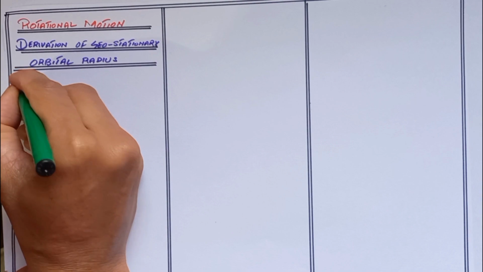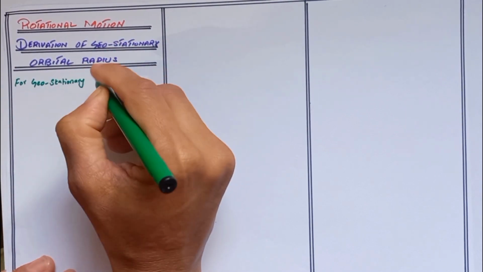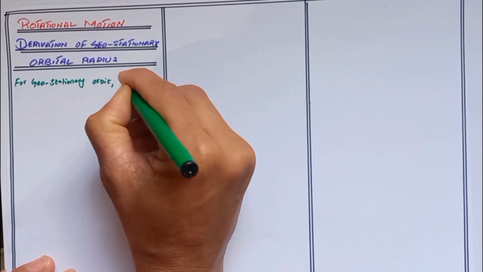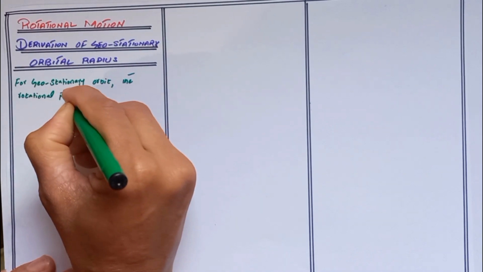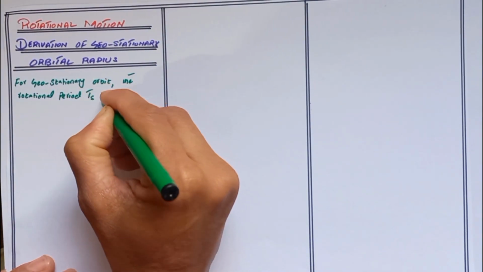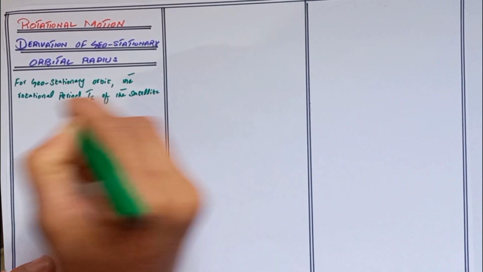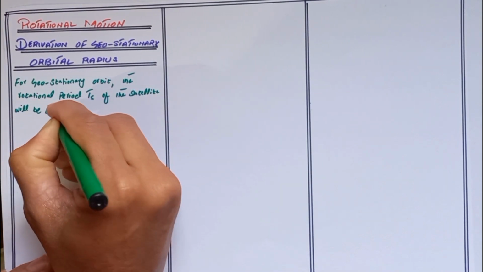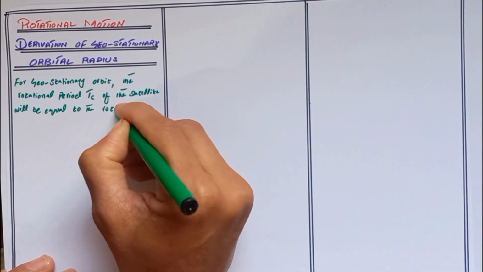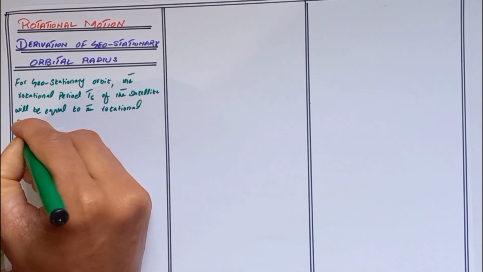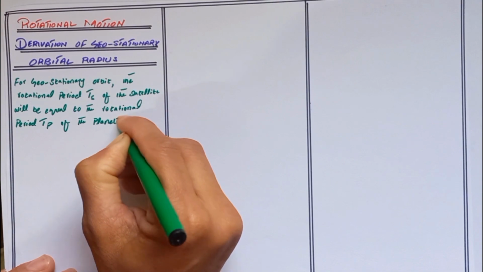For the geostationary orbit, the rotational period Ts of the satellite will be equal to the rotational period Tp of the planet.